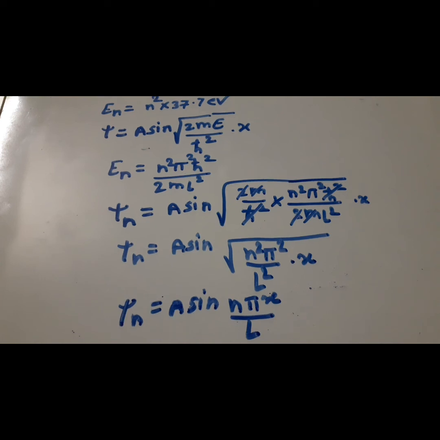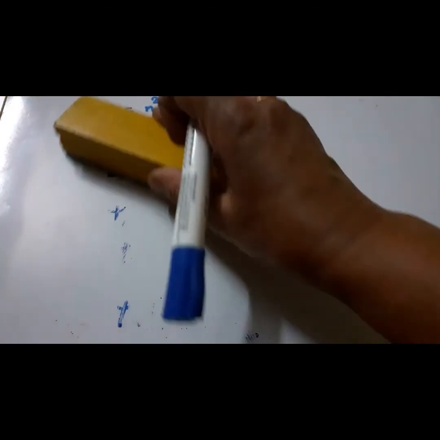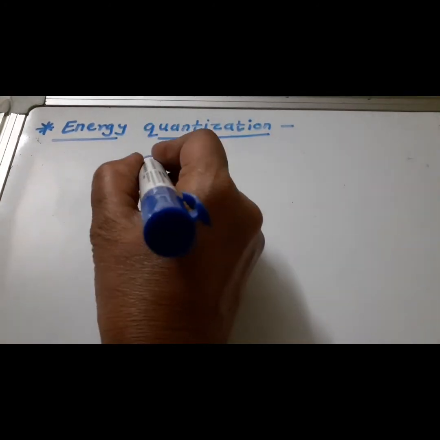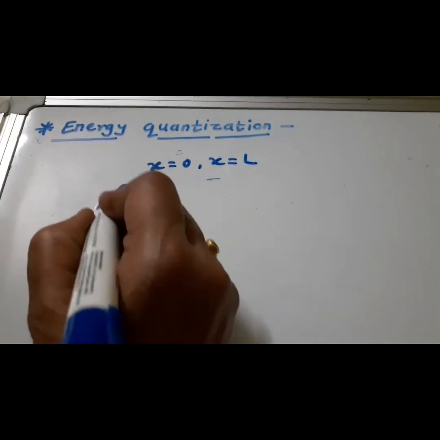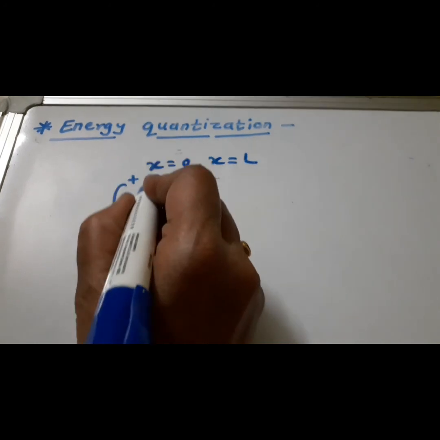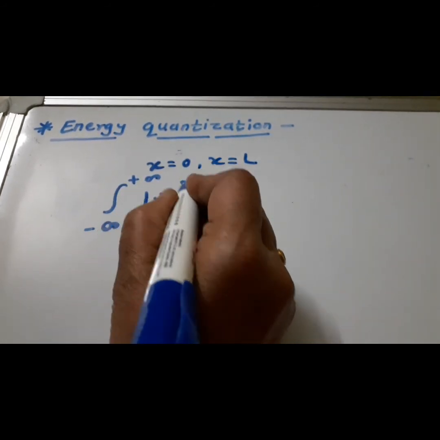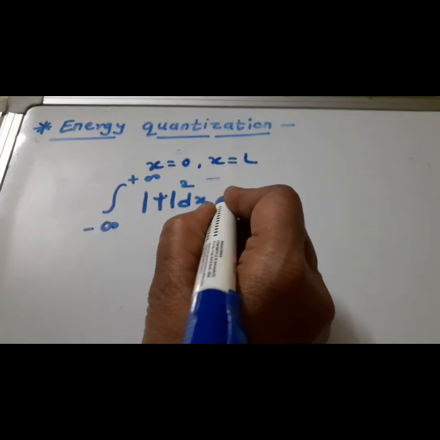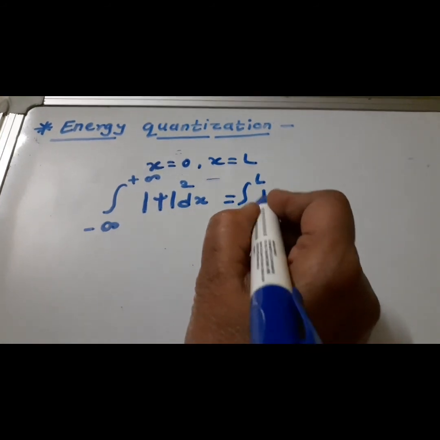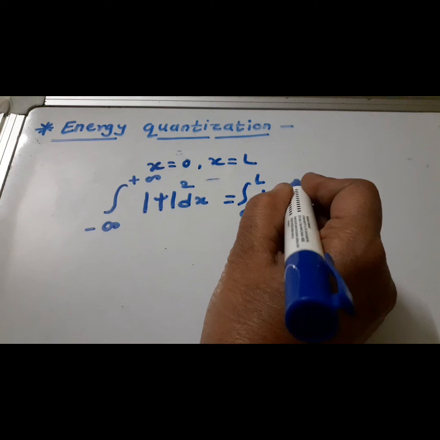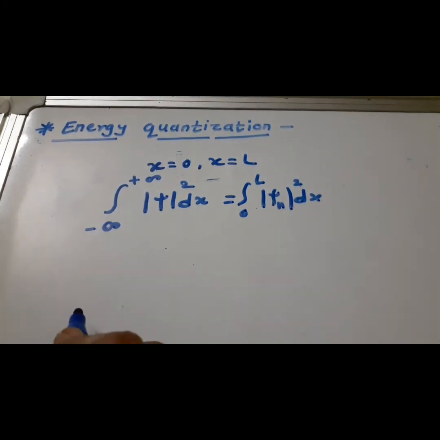Suppose the particle is within the limit x is equal to 0 to x is equal to L. Then the integration from minus infinity to plus infinity of mod psi square dx is equal to the integration from 0 to L of mod psi n square dx, isn't it?